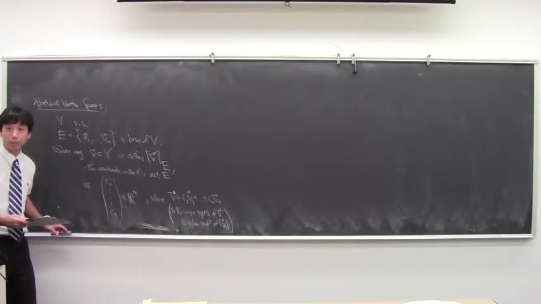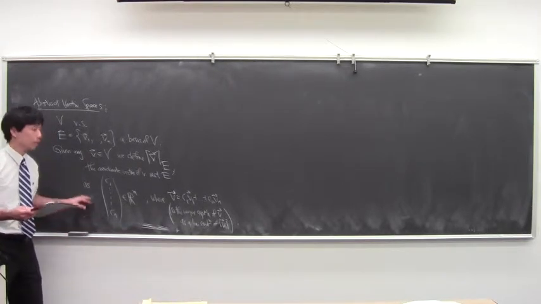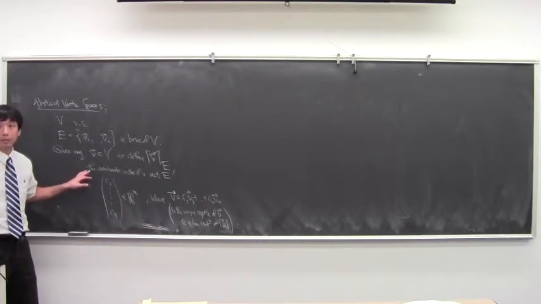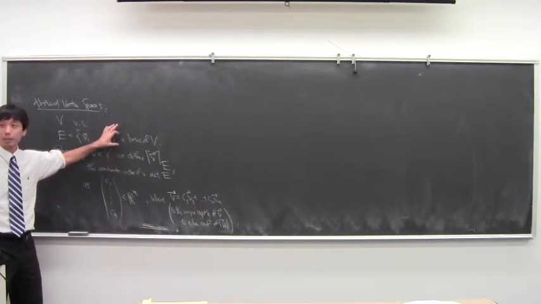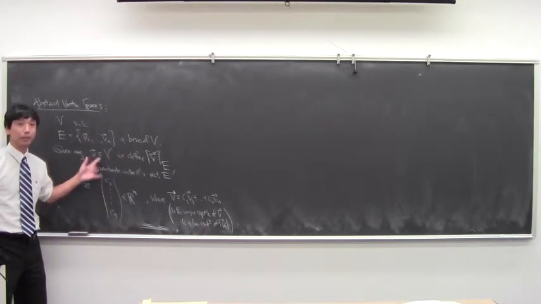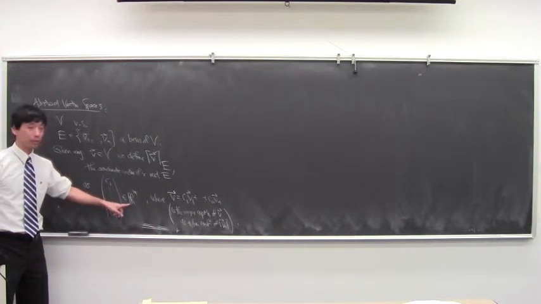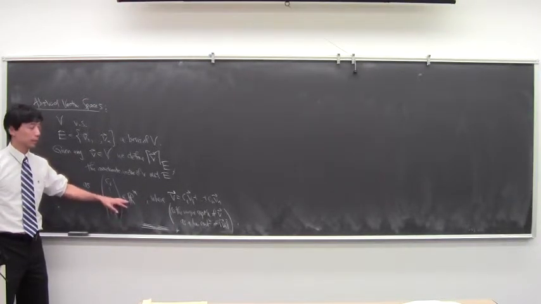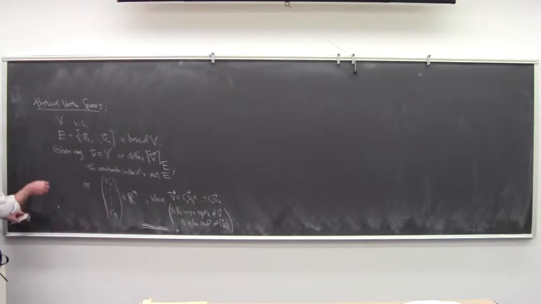Okay, so now we're going to do something a little bit tricky, which is the change of basis. Here we have some abstract vector space, and to each vector you associate some vector in Euclidean space. This is the coordinate vector.